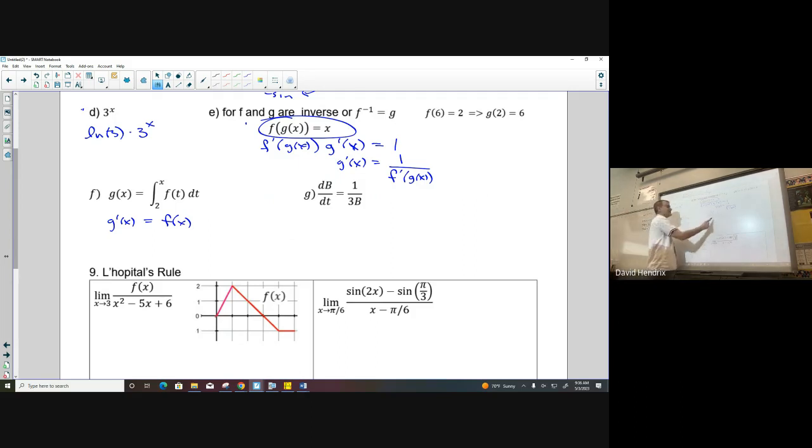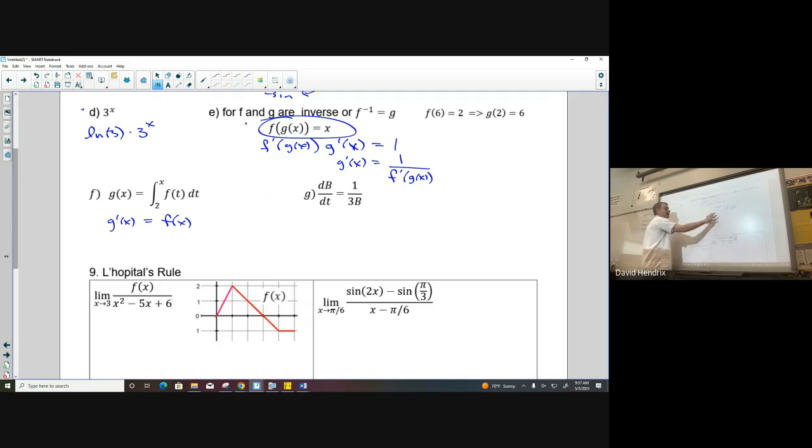Another thing that happens is you sometimes get differential equations that look like this, where you have dB/dt is 1 over 3b. This could be, you know, the rate of change of, I don't know, bats that live in a colony or something like that. Whatever it is, who knows, right? It could be bats per time, right?